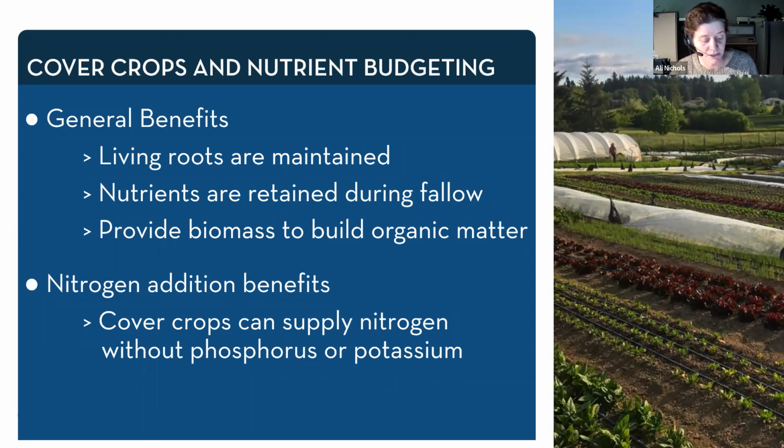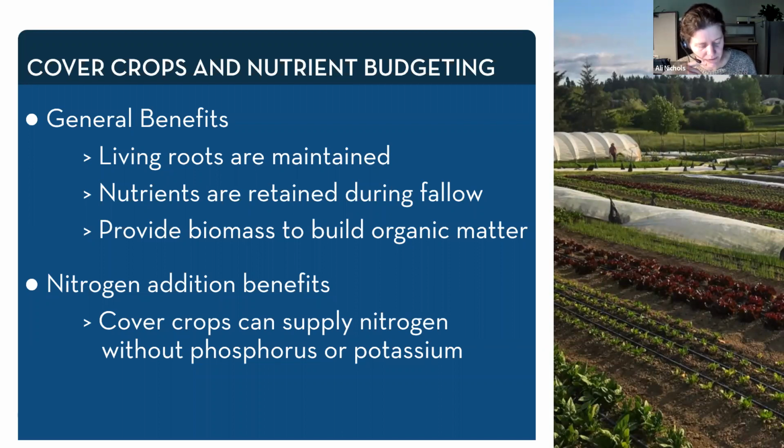The nutrient additions to the system by cover crops may be longer term via their role as soil organic matter builders. On top of all these benefits, depending on what cover crop you select, cover crops can supply nitrogen to a subsequent crop, actually adding nitrogen to the system, because legume cover crops are able to pull nitrogen from the soil air, the atmosphere, and incorporate it and make it available to plants.